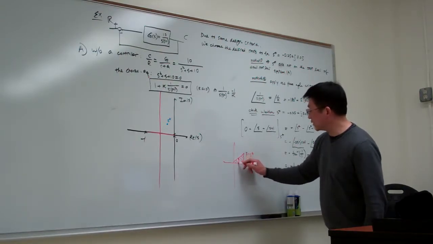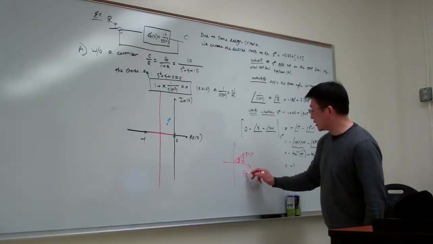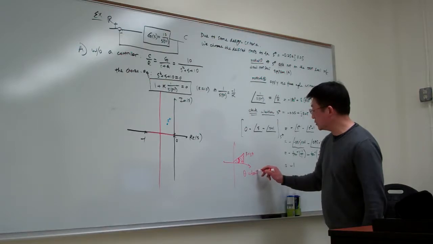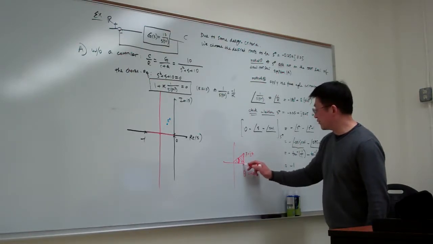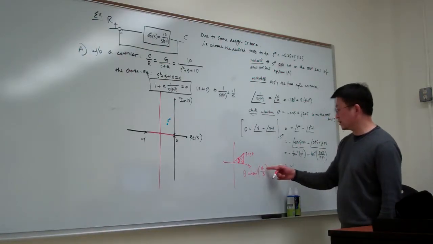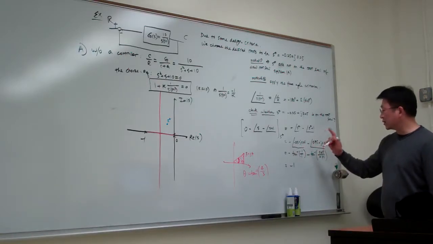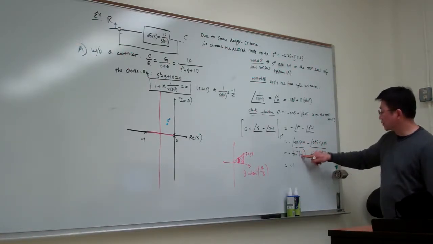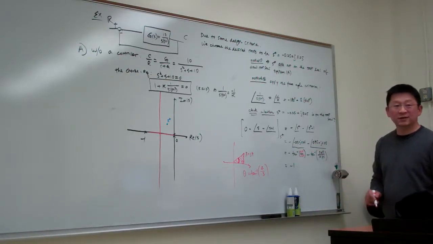So this phase angle theta equals arctangent of the imaginary part divided by the real part. Now for this case, the imaginary part is 0.25 and the real part is minus 0.25. I need to come up with a minus here.